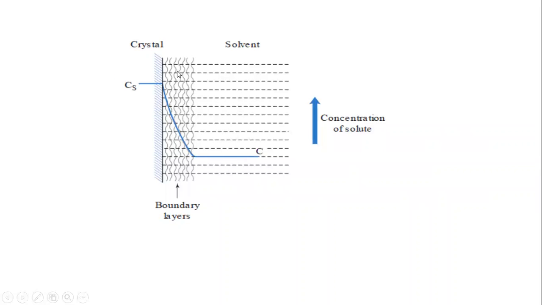As you see in this diagram, this is the boundary layer. It is a static layer surrounding the solid surface that is surrounded by the liquid.